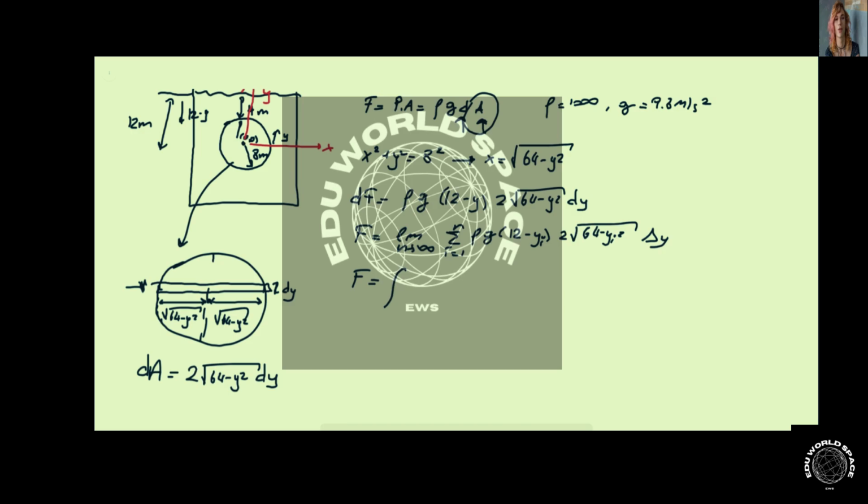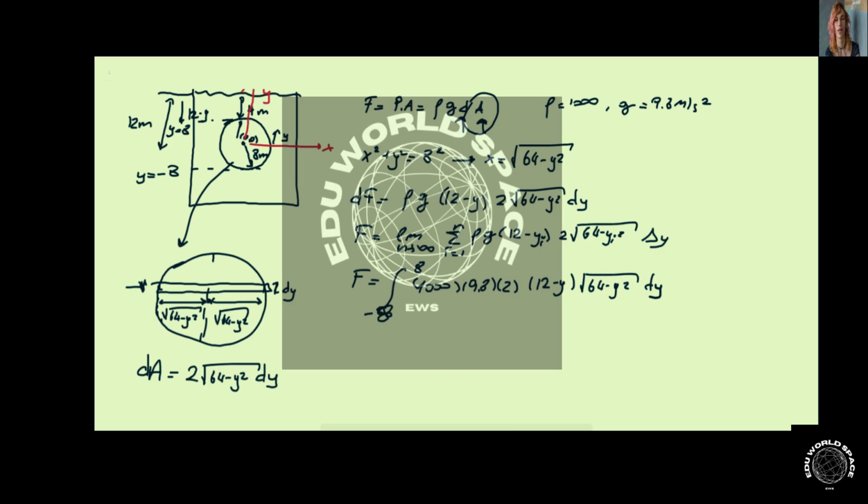Since the center again is the origin and the radius is 8, the lower bound is y equals negative 8 and the upper bound is y equals positive 8. So the limits of the integral are negative 8 to 8. We have rho times g, where rho is 1,000 and g is 9.8, and 2, which is a constant again. We now have (12 minus y) times the square root of 64 minus y squared dy.